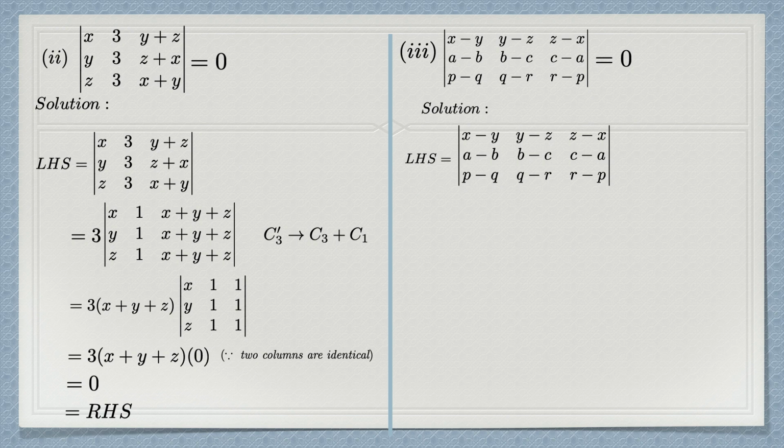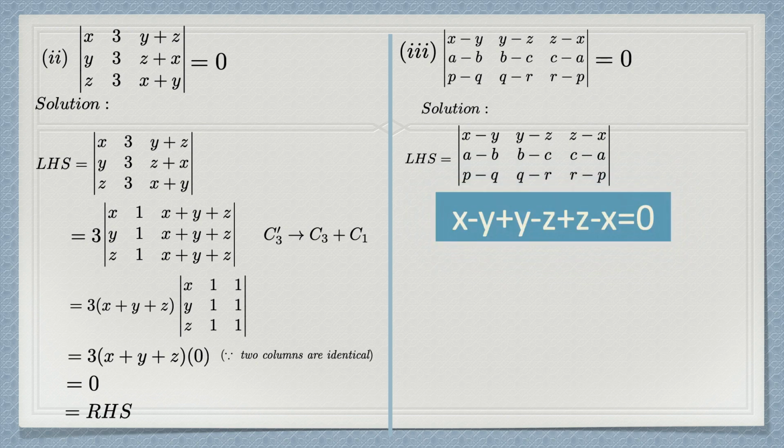So in this, we will add column 1, column 2 and column 3. Example, suppose if we added the first row, that is x minus y plus y minus z plus z minus x equal to 0. Column 1 plus column 2 plus column 3, if we add, we are getting it as 0. All getting cancelled. So we are getting the value as 0.